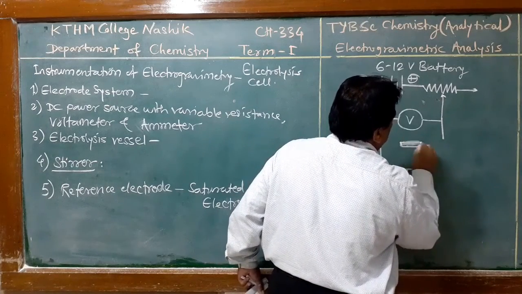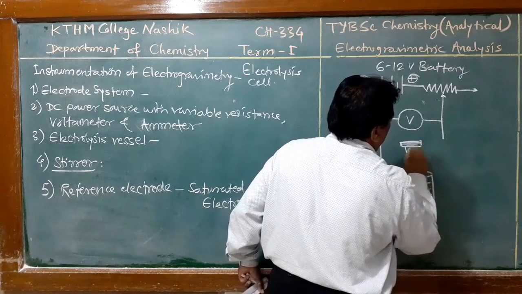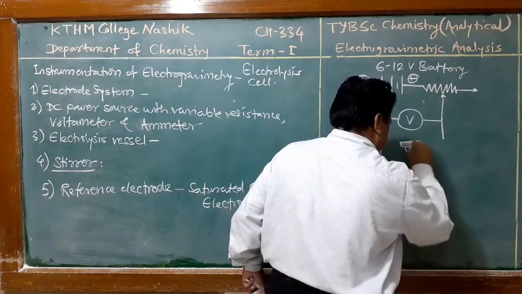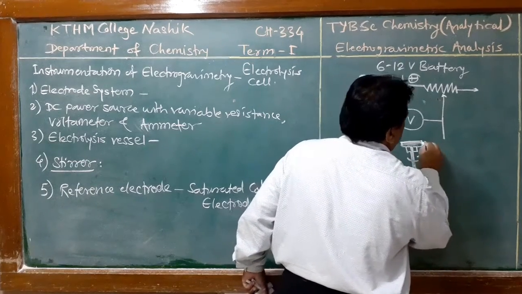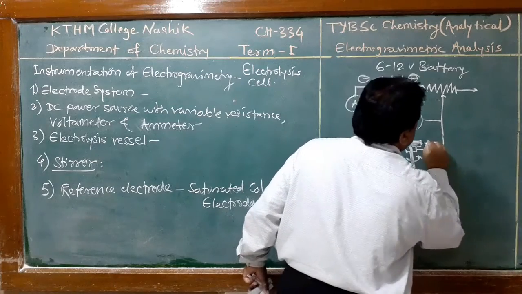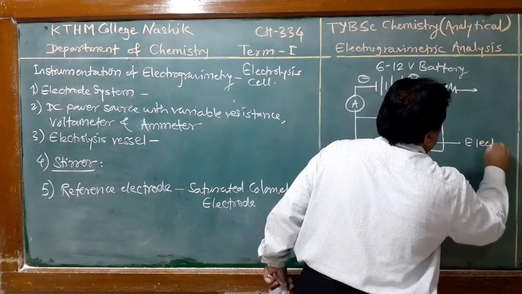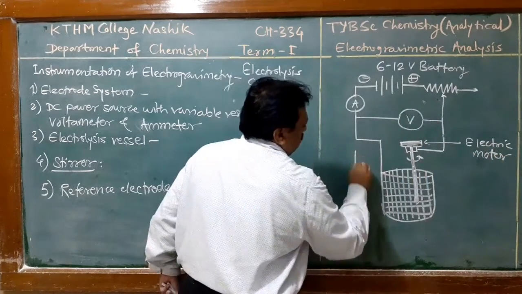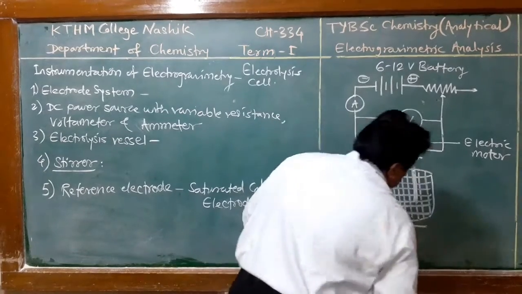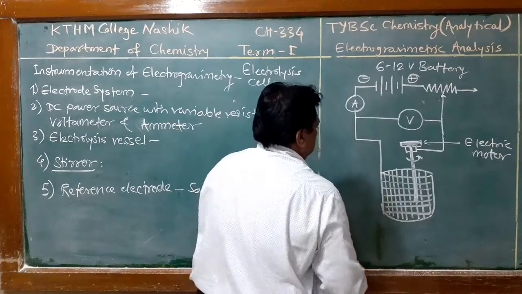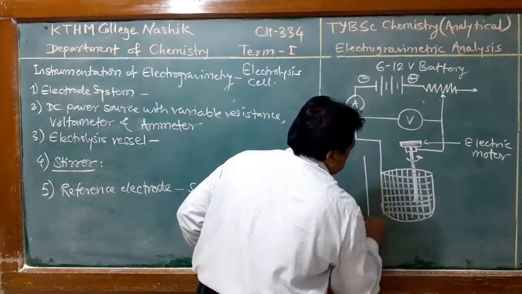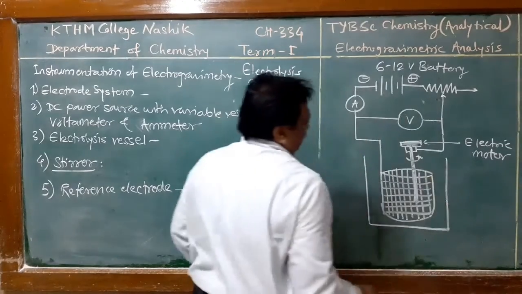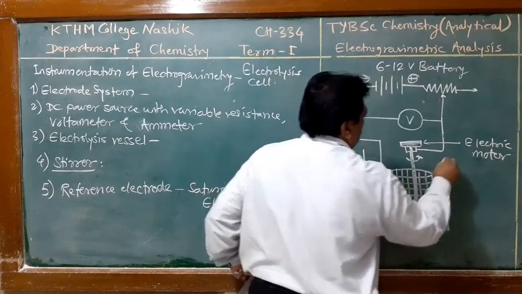This electric motor is directly coupled with the cathode, and it rotates the cathode. This total assembly is placed in a tall form beaker containing electrolyte solution.